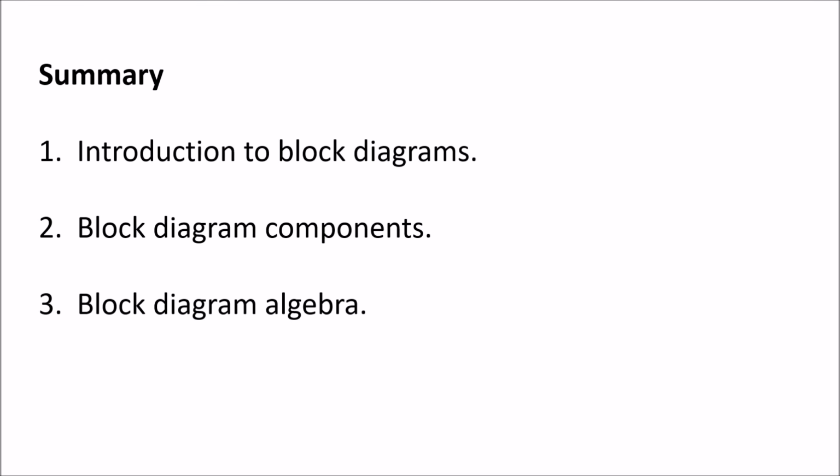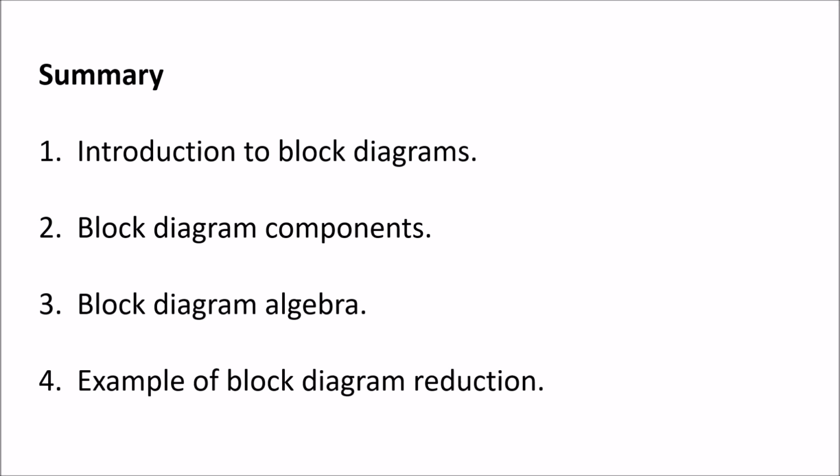So we looked at different operations that you can do on a block diagram to combine or simplify the signal flow chart. And then finally, we spent a good bit of time looking at an example of doing this block diagram reduction on a semi-complicated system. And we also looked at how to implement or check this reduction in Mathematica as well as Matlab and Simulink.